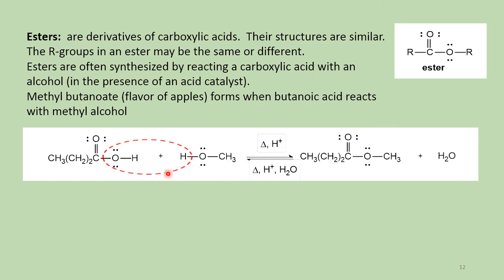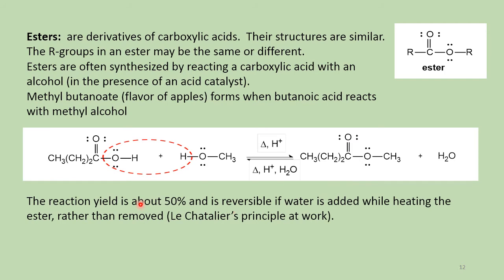Now notice it's not an acid-base reaction because the acid is not losing a hydrogen ion. In fact, the acid is losing the hydroxyl group, and it's the alcohol that's losing the hydrogen ion. So it really isn't any sort of an acid-base reaction. Condensation occurs when we get the methyl ester of butanoic acid, methyl butanoate.